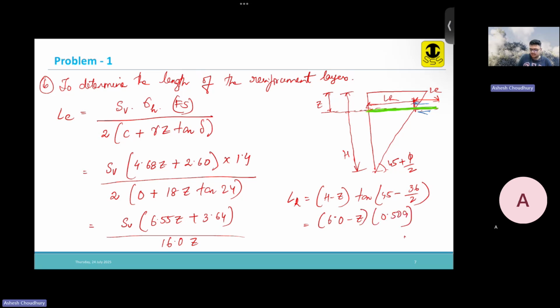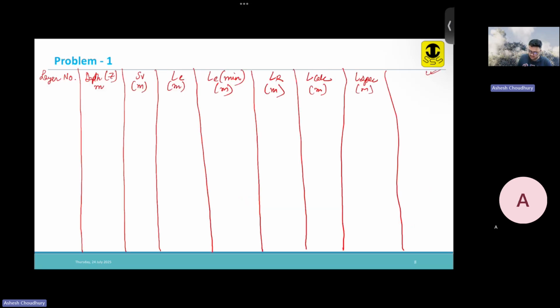So this is my LR. I also got my LR. So LR is also a function of Z. L is a function of both Z and SV. So this I got.